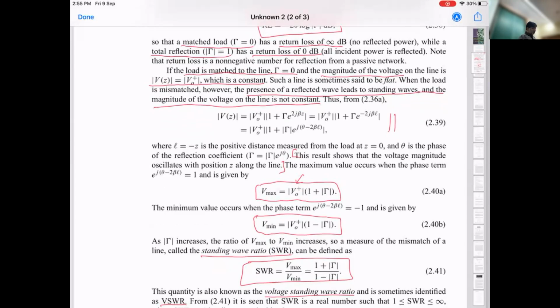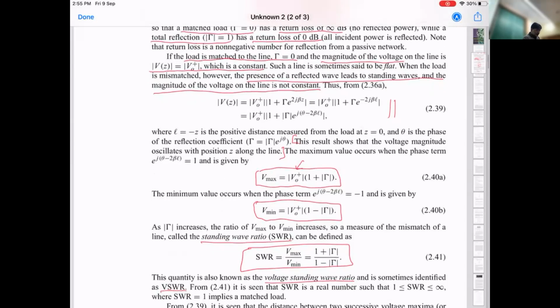And if gamma is 1, then Vmax is twice V0 plus and Vmin is 0. So this SWR, more commonly known as the voltage standing wave ratio, because it is talking about the amplitudes, is again a quantity used to characterize how good a match is.